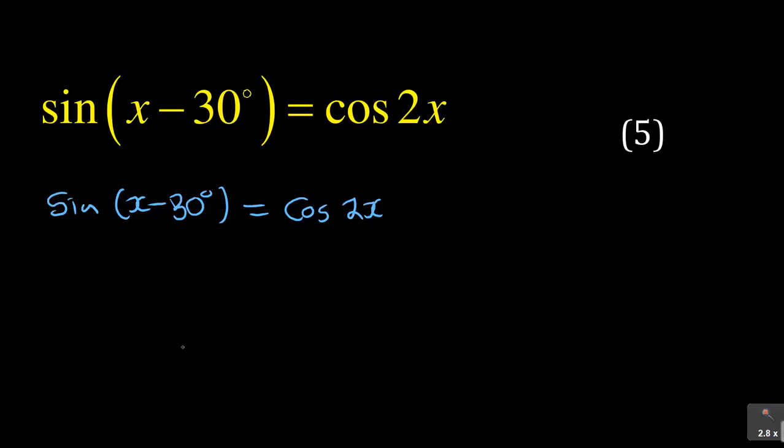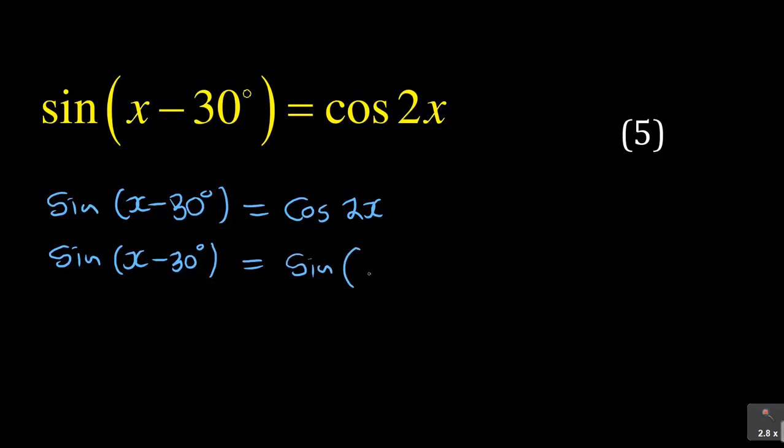So what I'm going to have therefore is sin(x − 30°) is equal to cos. Now when you're converting to cofunction, you no longer write cos, you say sine, because it's a cofunction.